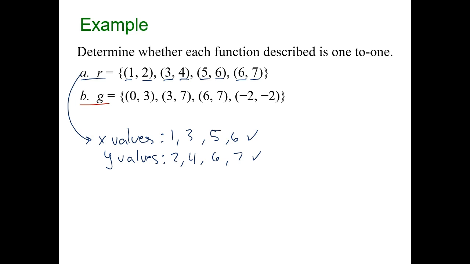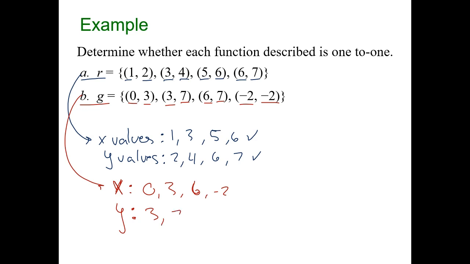Let's look at function g. The x values for function g are 0, 3, 6, and negative 2. None of those numbers show up more than once. If we look at the y values, we have 3, 7, 7, and negative 2.